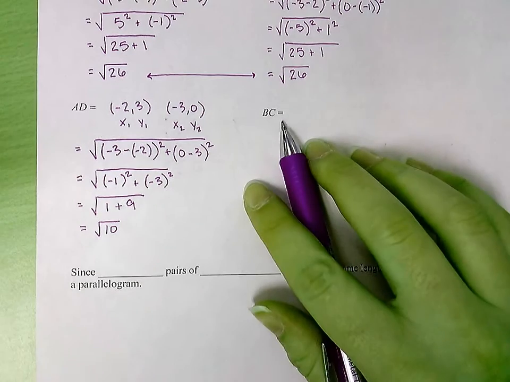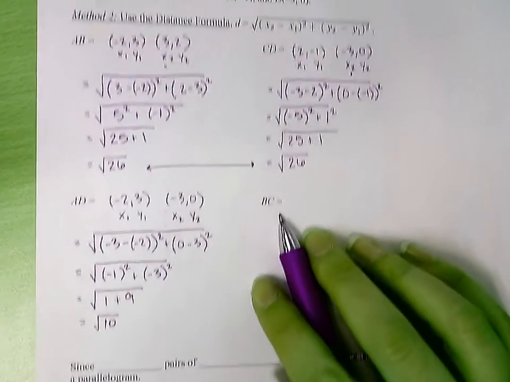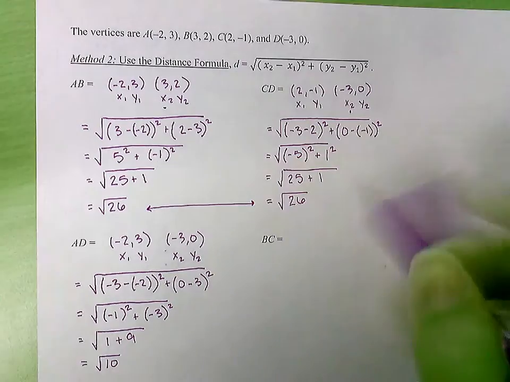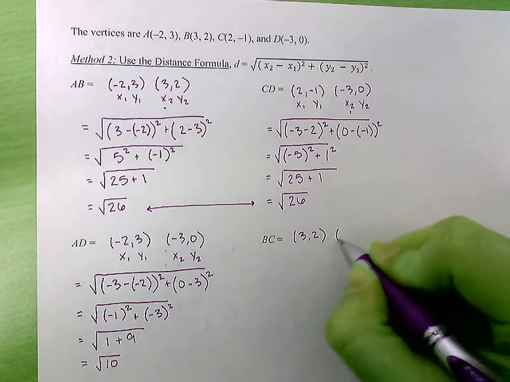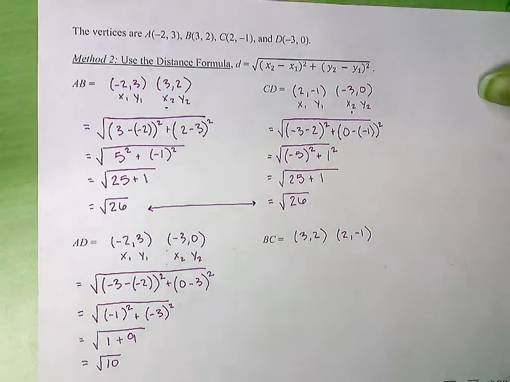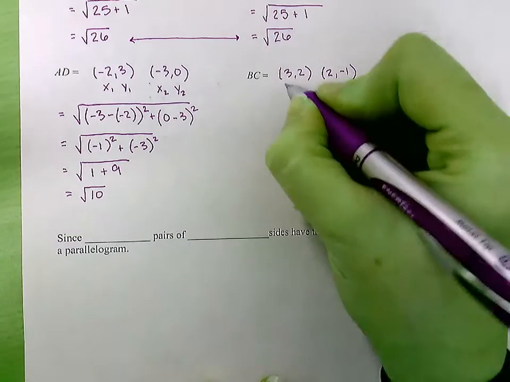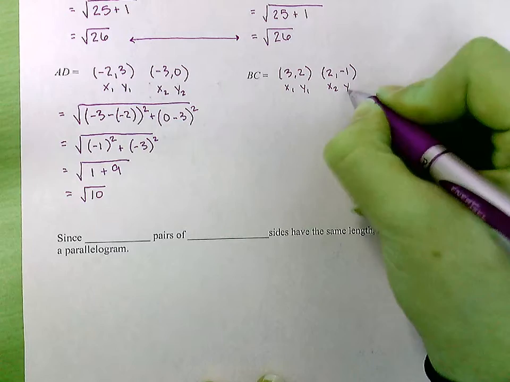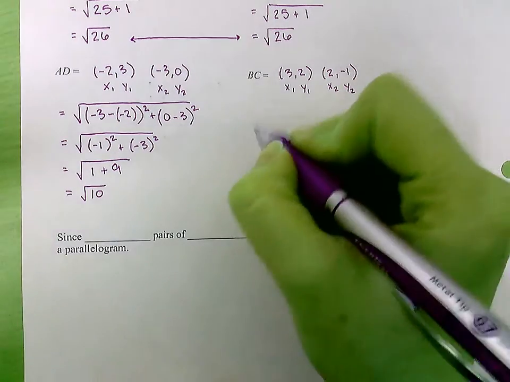I need to finish with side BC here. So again, looking up at my coordinates, I'm using 3, 2, and 2, -1. Okay, labeling those, I have x sub 1 and y sub 1, and x sub 2 and y sub 2. And again, we're just plugging those into that distance formula.